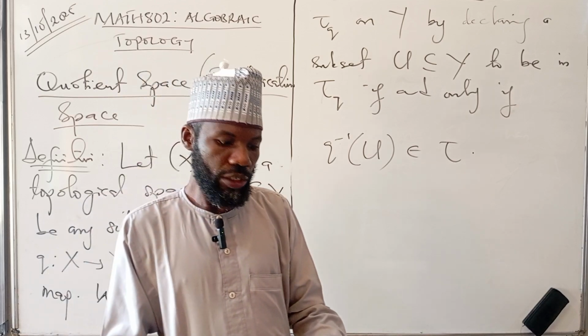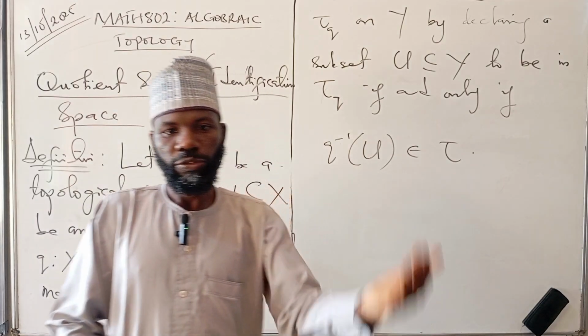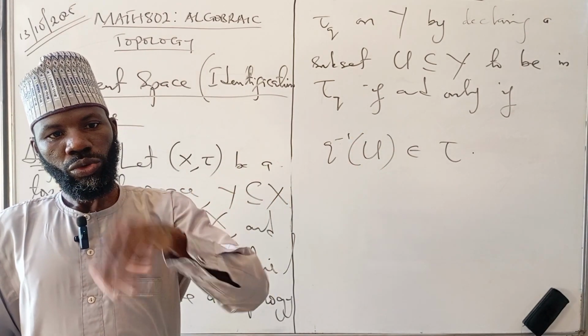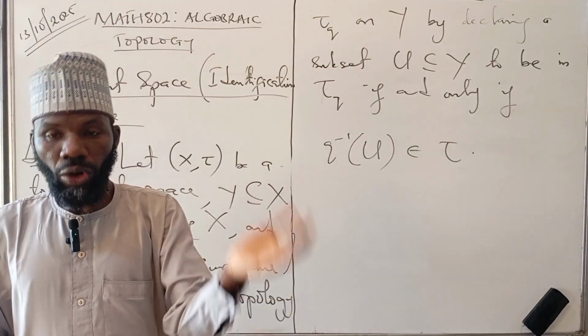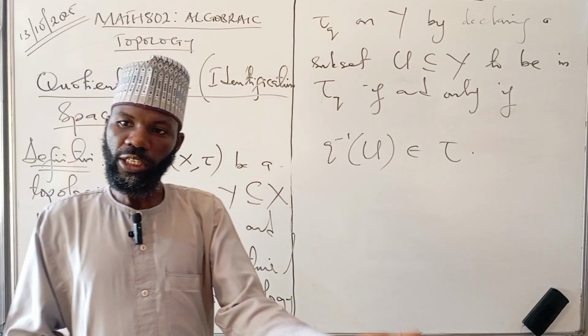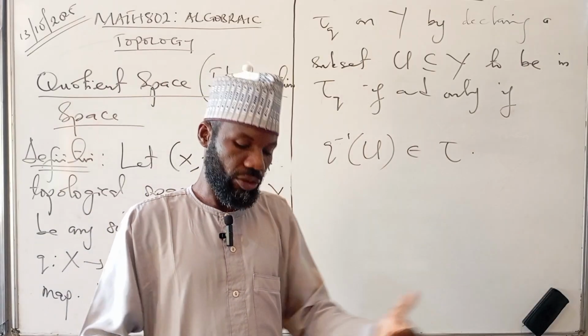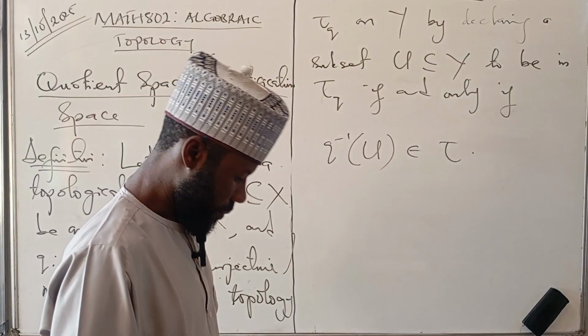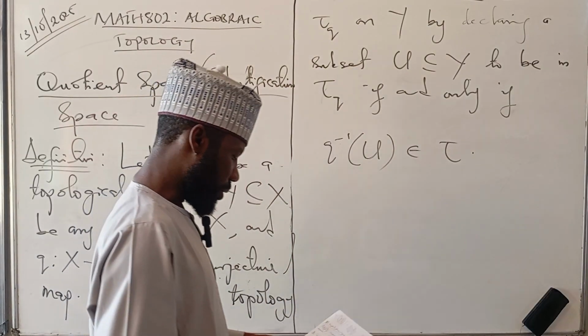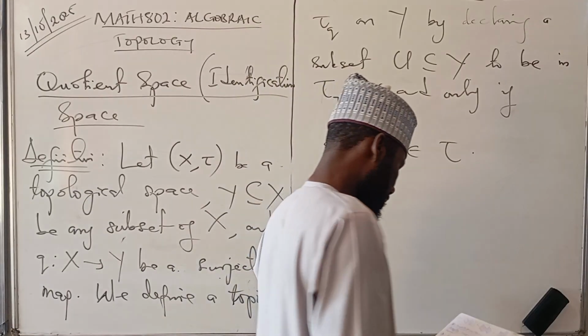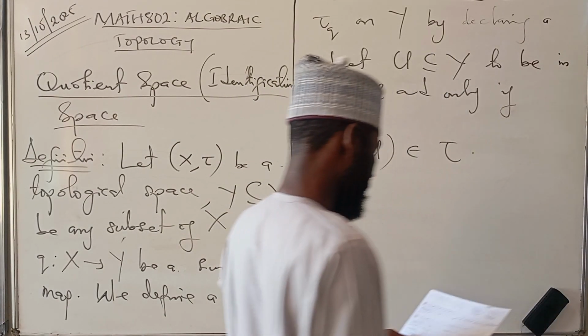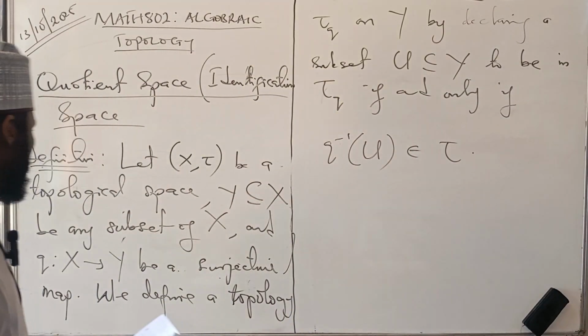So if you have any onto mapping from a topological space onto a subset, that surjective mapping can always do the job of constructing a topology on the subset and thereby having a topological space.